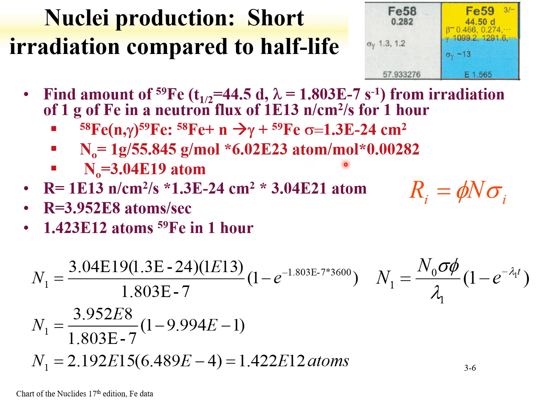So now we've got the number of atoms of iron. And then I'm going to use this value because this is for iron. I didn't say any sort of enriched iron. I just said regular iron. And 0.282% of iron is iron 58. So I need to normalize it by that. And I get the number of targets as 3.04 times 10 to the 19th atoms.